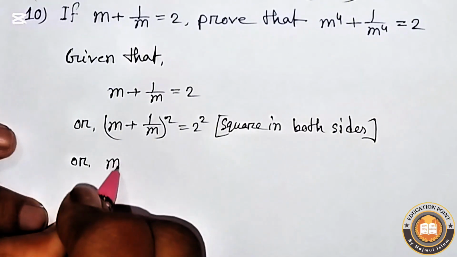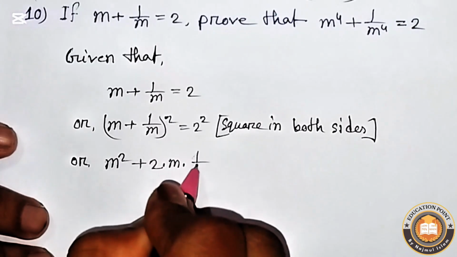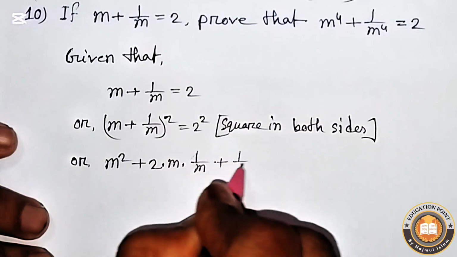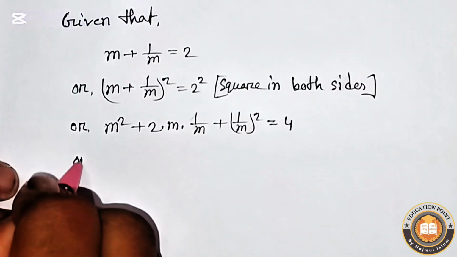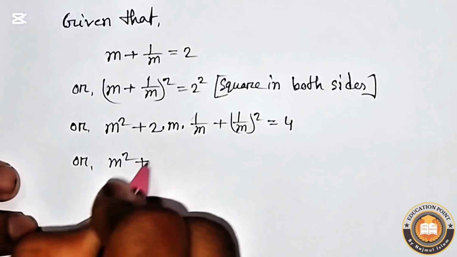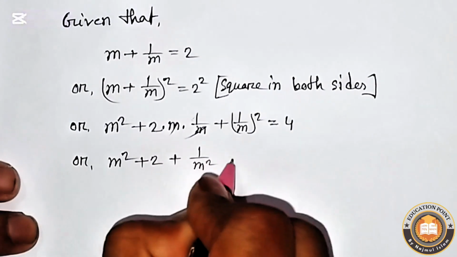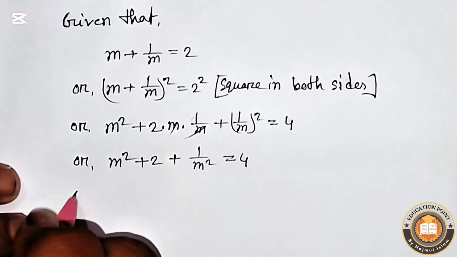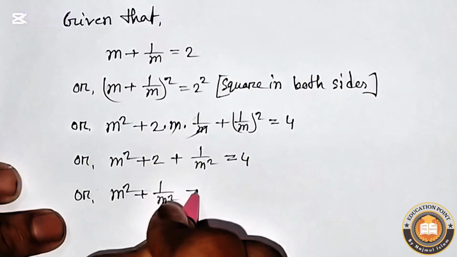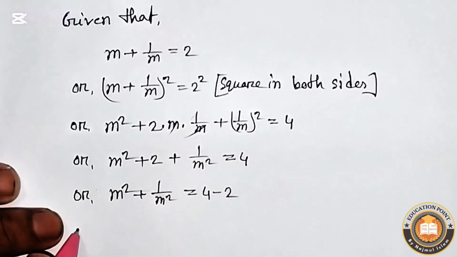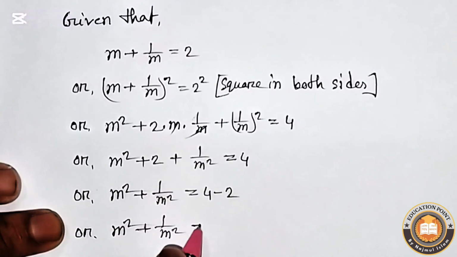Here a square means m square, plus 2 into a means m into b means 1 by m, plus b square means 1 by m whole square, equal square value of 2 is 4, or m square plus 2 plus 1 by m square equal 4, or m square plus 1 by m square equal 4 minus 2, or m square plus 1 by m square equal 2.